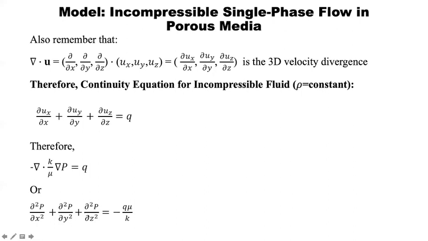By solving this one, it will give you a map or distribution of the pressure in the whole domain, in the whole reservoir. Then I get back to Darcy's equation, substitute in the pressure, and you will also get information about velocity, and you could have the information needed about this problem, or the flow description in the reservoir.